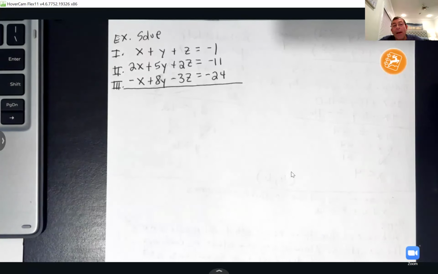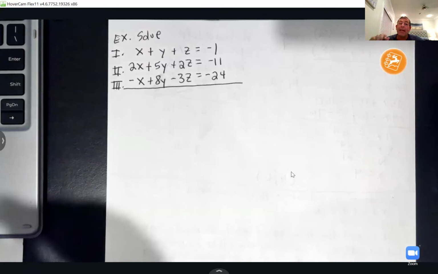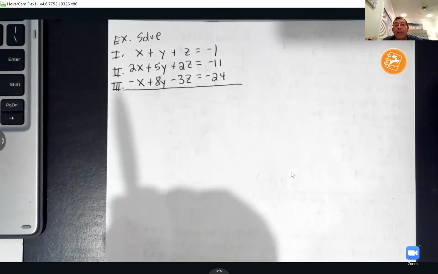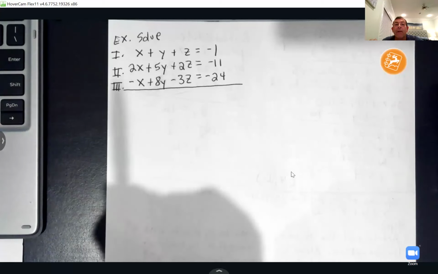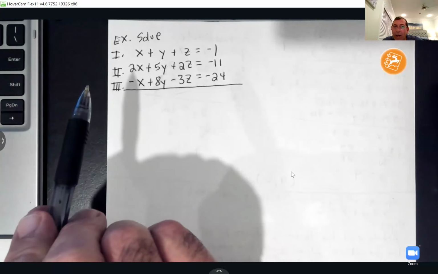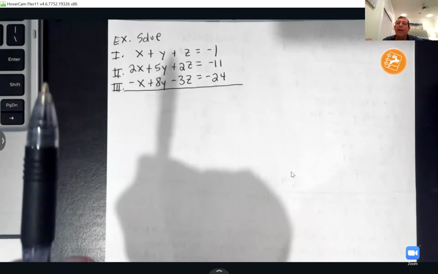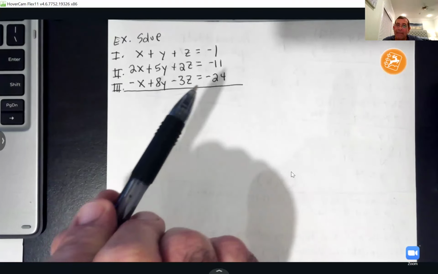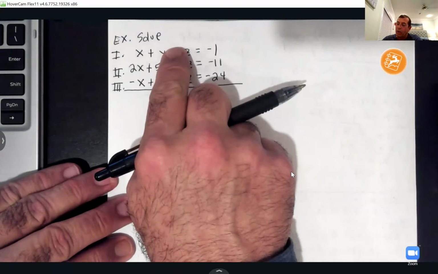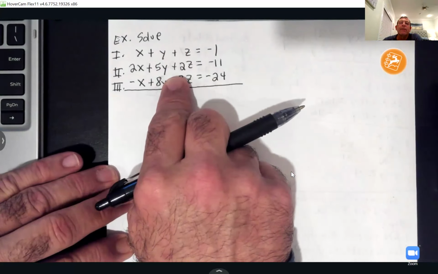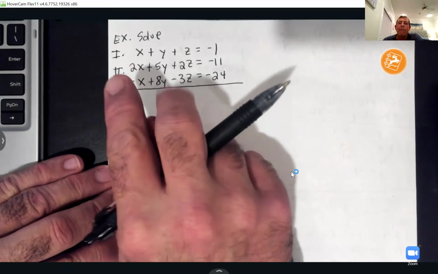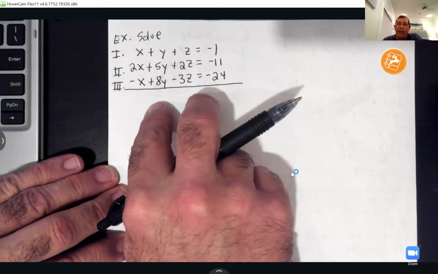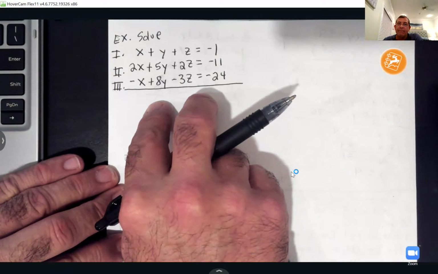Then I'm going to come back for my second one, remember, I got to use all three. So I can use the second equation, change the third equation by multiplying by 2, and that'll cancel the x's again. So remember, we got to use all three of these to eliminate one variable, and we've got to do it twice, okay?